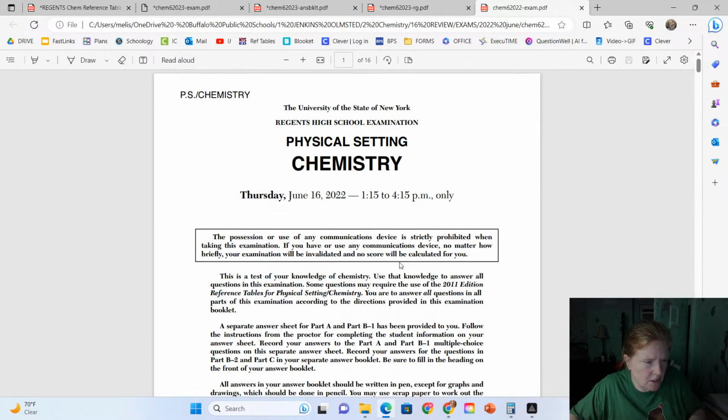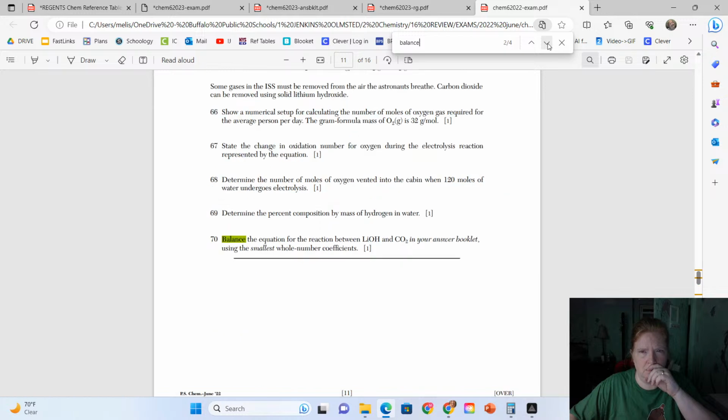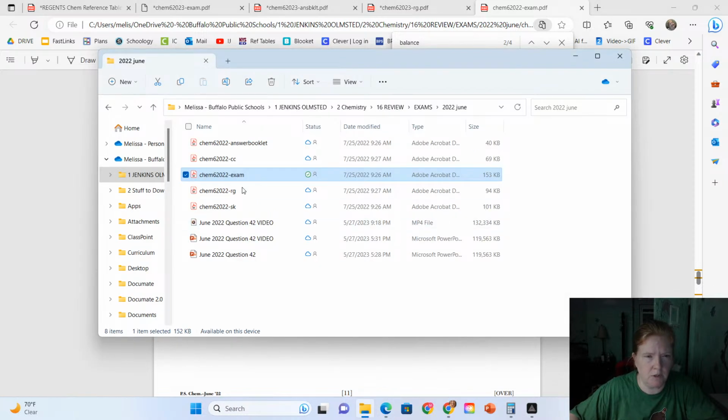Also, if you lose electrons, it gets more positive. Yes. Okay. This one does have a balancing one. So let's pull up the answer booklet.